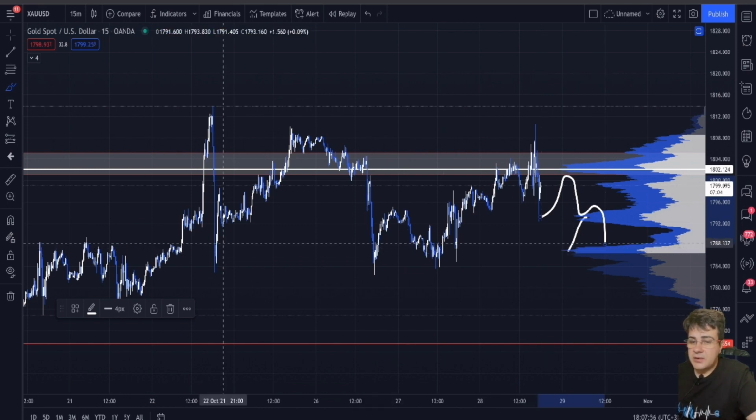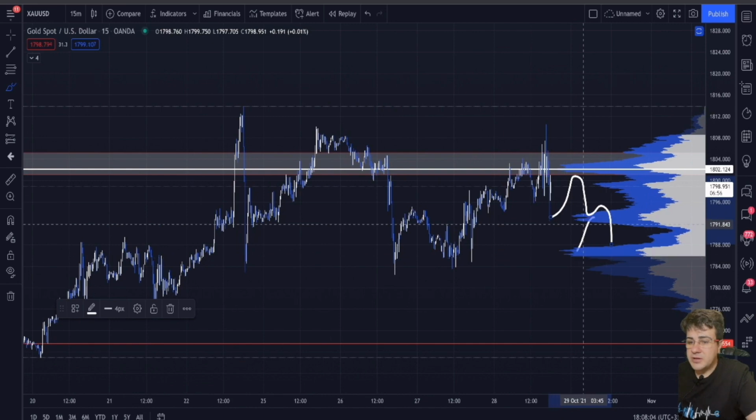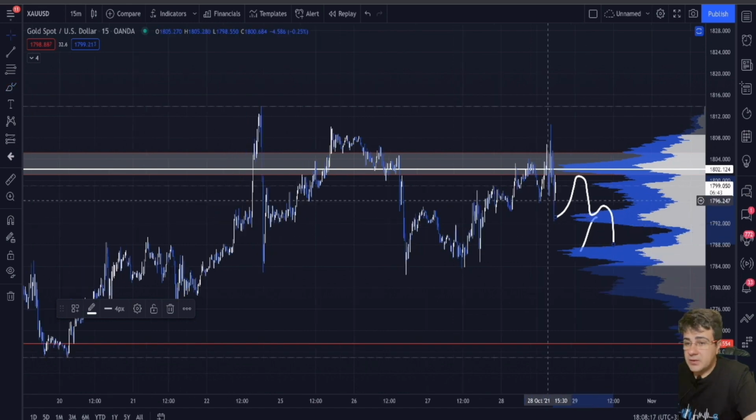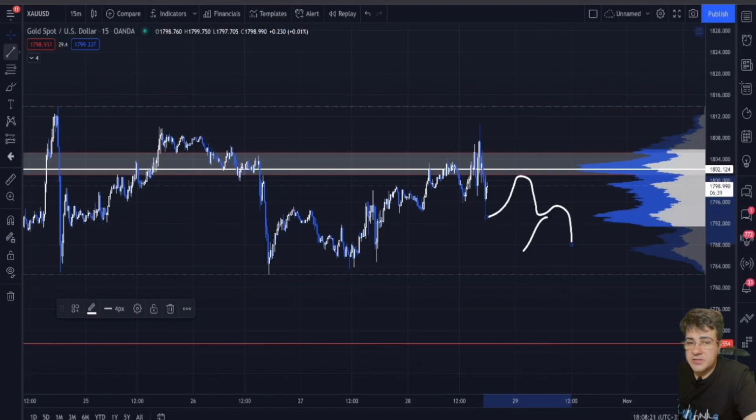So here, in my opinion, would be a great place to be thinking about a long if we see a lot of buying pressure, but I wouldn't go higher than 1790, right? This would be on a more bearish scenario.